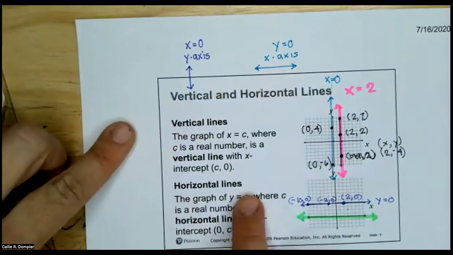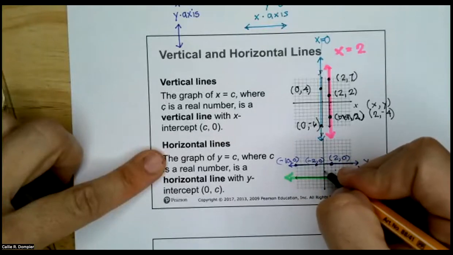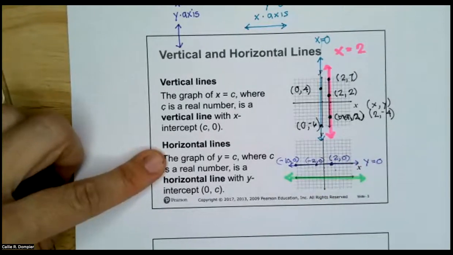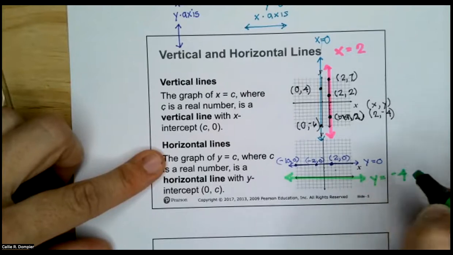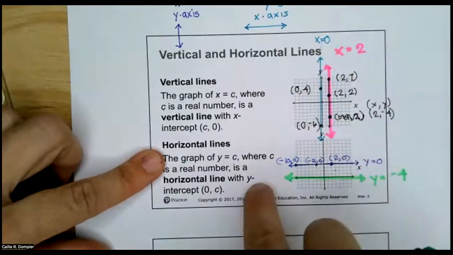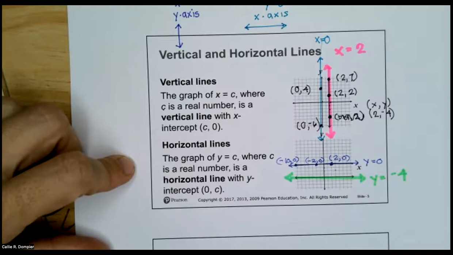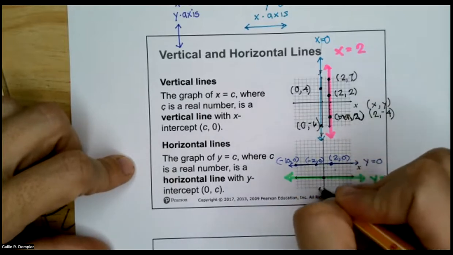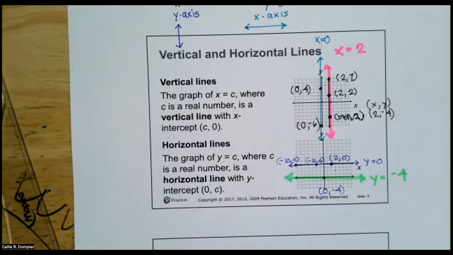So the graph of y equals c, like a number, here it is -4. Y equals -4. So this is the graph of x equals 2. Here's the graph of y equals -4. Okay. And the y-intercept is at 0, -4 in this case. All right, let's look on Desmos.